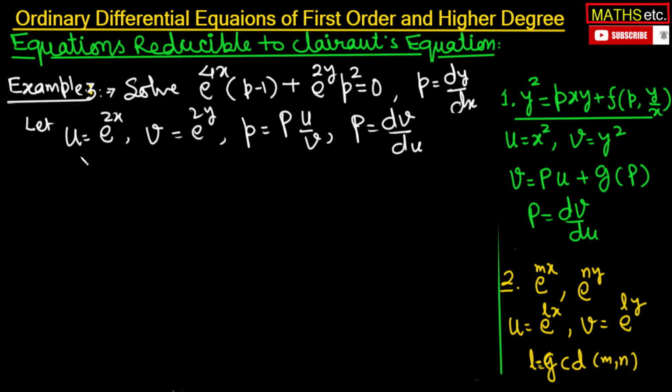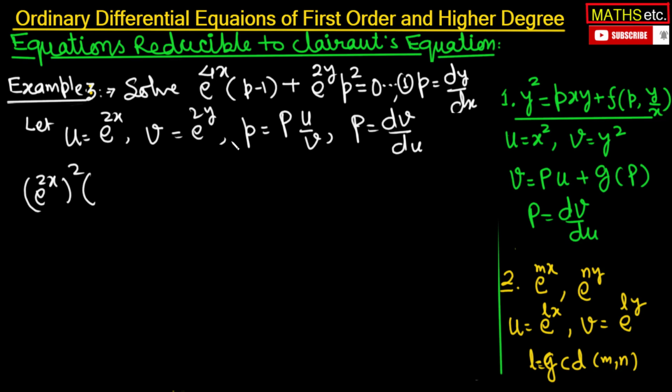So our transformation equations are u equals e raised to the power 2x, v equals e raised to the power 2y, and because of that we got small p equal to capital P u over v, where capital P stands for dv over du. Let us give the given equation the name 1 and put this in it. e raised to the power 4x we can write as e raised to the power 2x whole square.